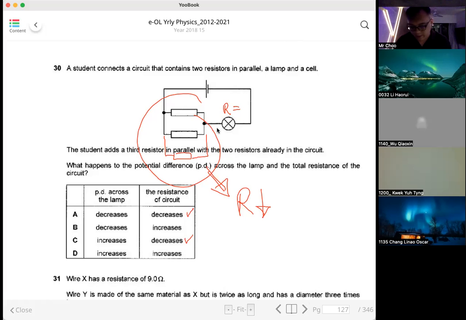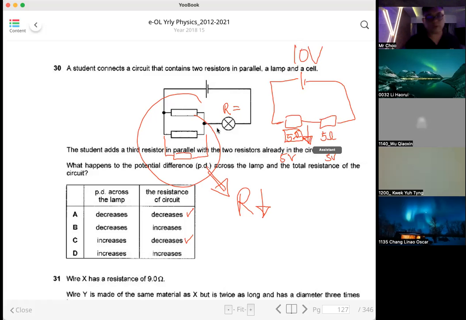Then, same thing as the potential divider. If this is a 10 volt supply, and originally it is 5 ohm and 5 ohm, so originally this is 5 volt and 5 volt. If this value goes down, this value will go down and this value will go up so that the total PD will be 10.